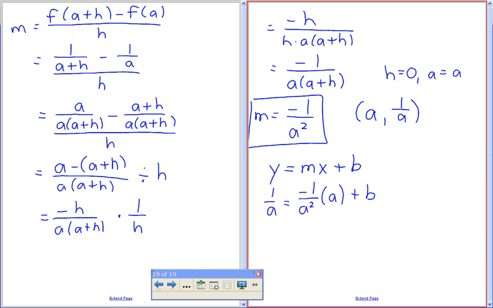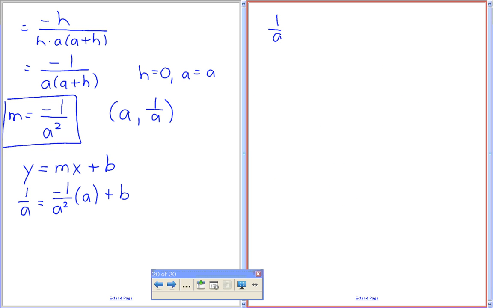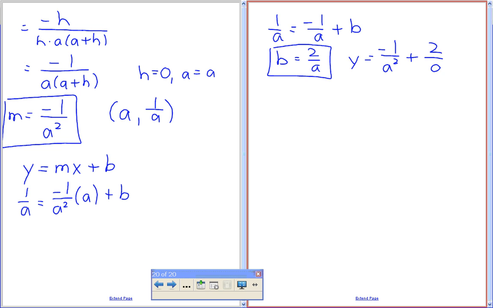So 1 over a equals negative 1 over a plus b. What does b actually equal then? Good. So my equation is y equals negative 1 over a squared x plus 2 over a.